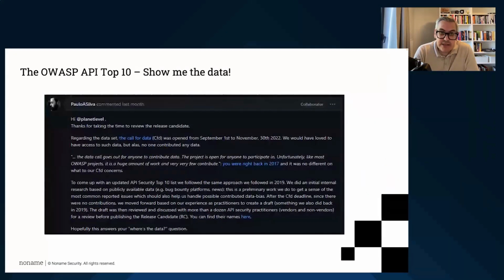What they did is they put out a call for data before they released the list to figure out what are actual customers seeing in production environments, what breaches are they experiencing, what type of issues are they running into. But they didn't collect any data. There wasn't a lot of input from the general public. So they went ahead and took what they knew from their own customer base and their own experience and massaged that into the new OWASP API Top 10 list.